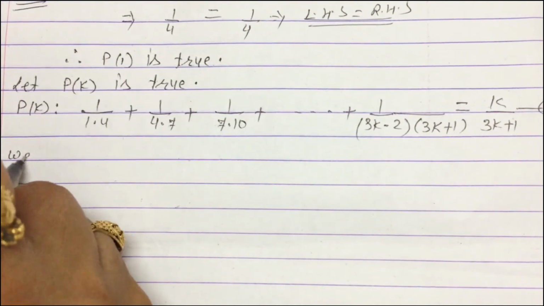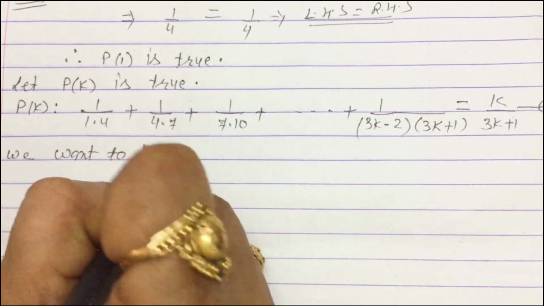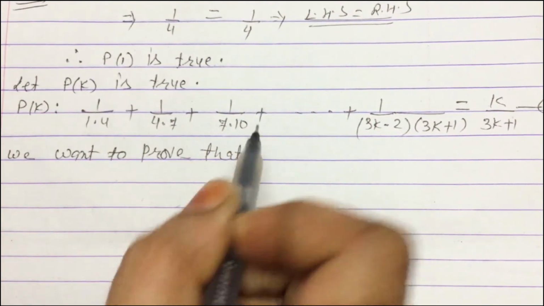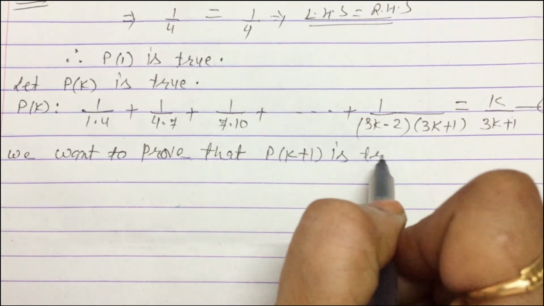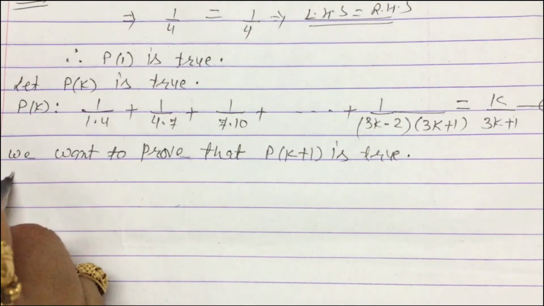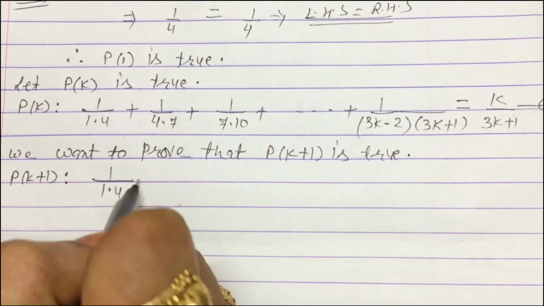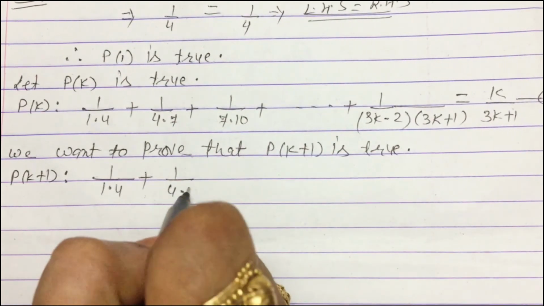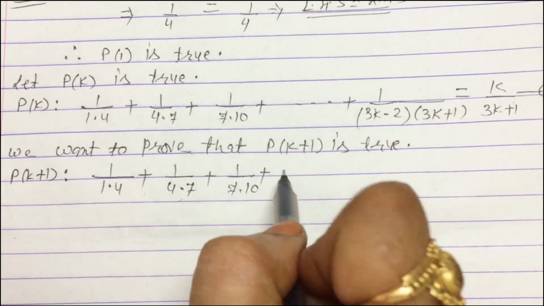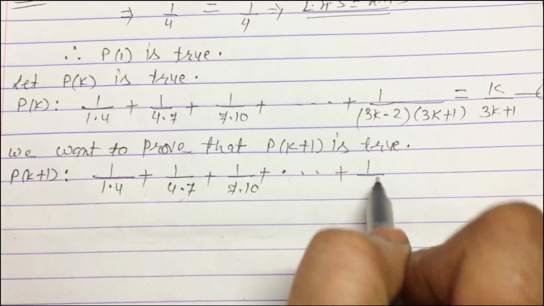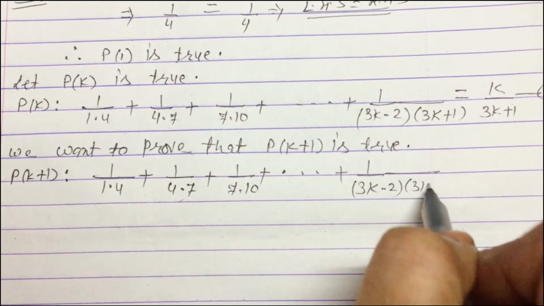Okay, and now we want to prove that Pk plus 1 is true. Okay, so write here Pk plus 1: it is 1 by 1 into 4 plus 1 by 4 into 7, 1 by 7 into 10, and plus here 1 by 3k minus 2 into 3k plus 1.